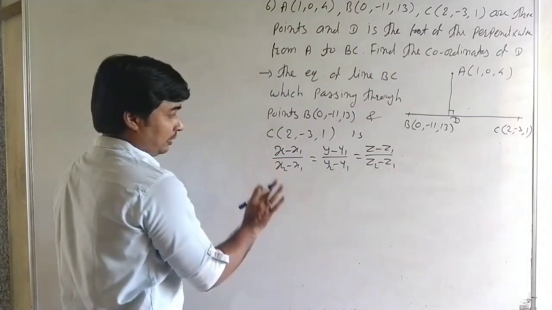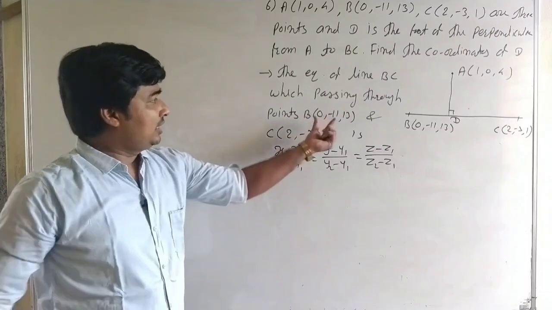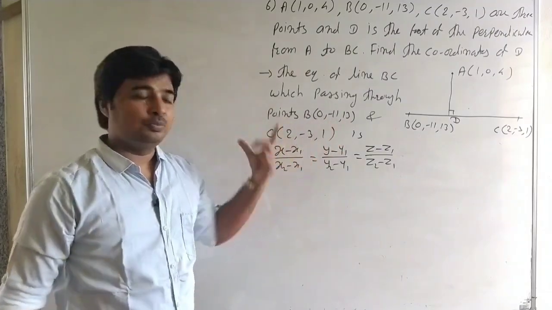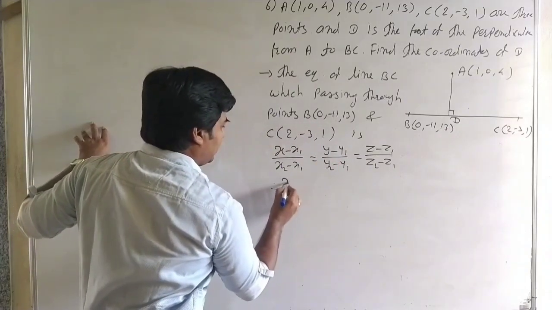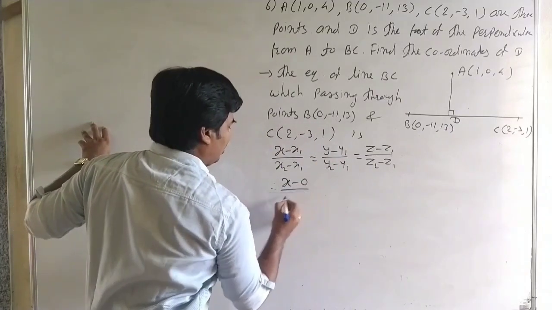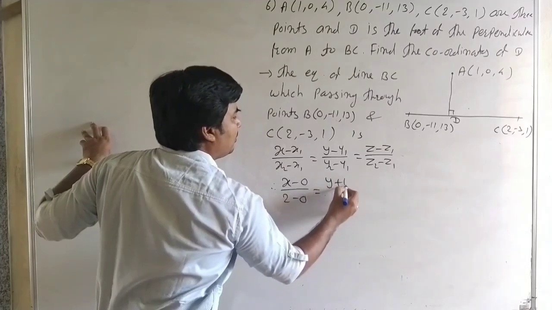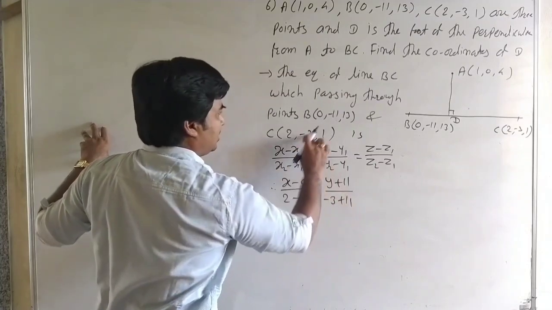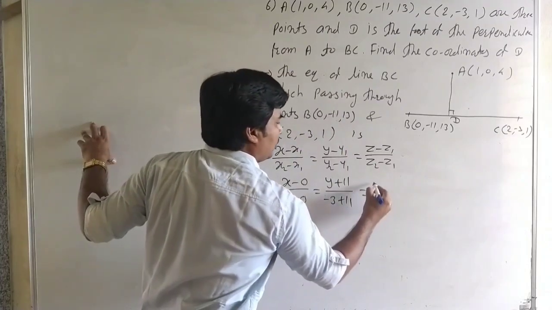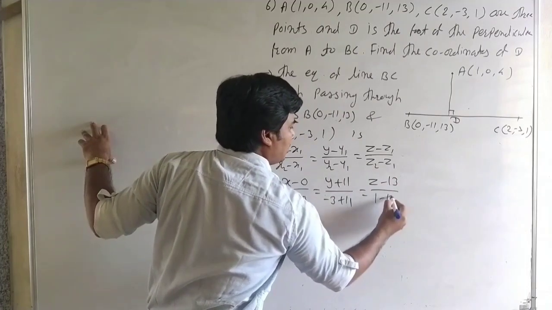Therefore the equation of line is (x minus 0) upon (2 minus 0) equal to (y plus 11) upon (minus 3 plus 11) equal to (z minus 13) upon (1 minus 13).